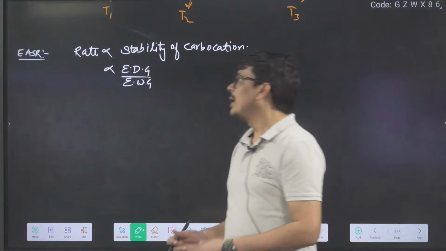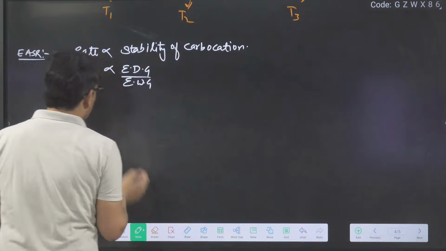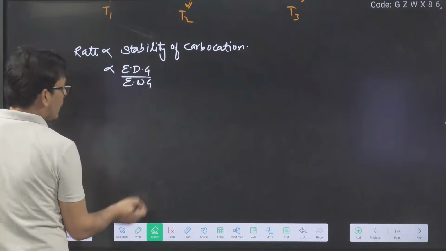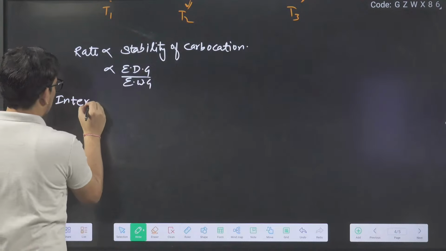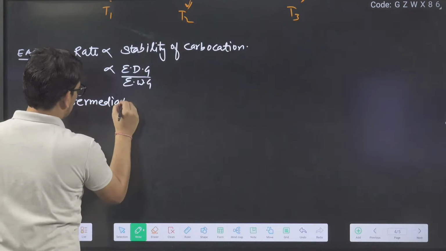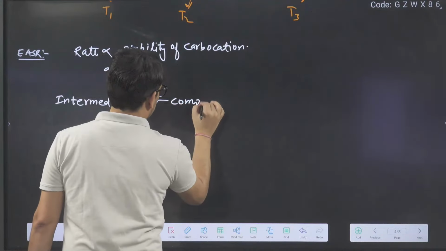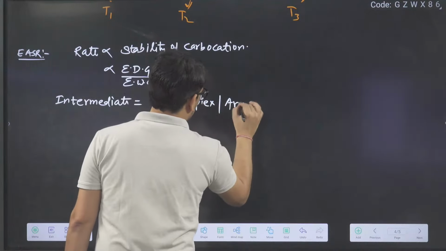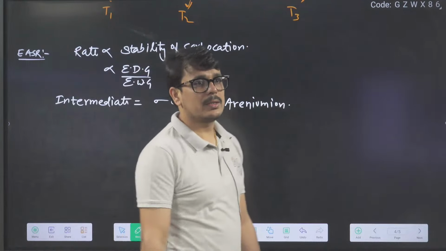Clear to everyone? Here the intermediate, this carbocation, has another name also, which is called sigma complex, or arenium ion. Sigma complex, arenium ion.